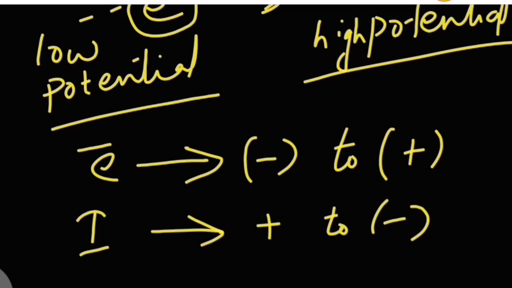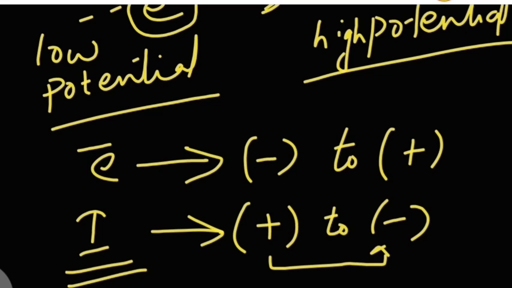That is, we take the direction of current as from positive to negative, which is in a direction opposite to that of the flow of electron. So it is very important: the direction of current is from positive to negative. So that is about the direction of flow of current and the direction of flow of electrons.